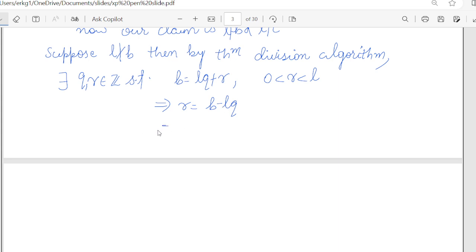We put the value of L, which is Bx naught plus Cy naught, into Q. Now take the common values: R is equal to B into (1 minus x naught Q) plus C into (minus y naught Q).